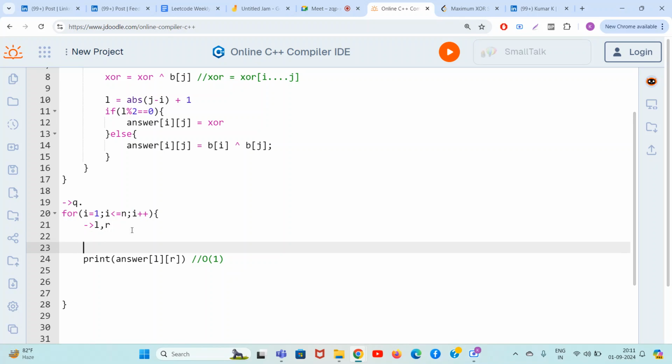So for I equal to L, I less than equal to R, I plus plus.